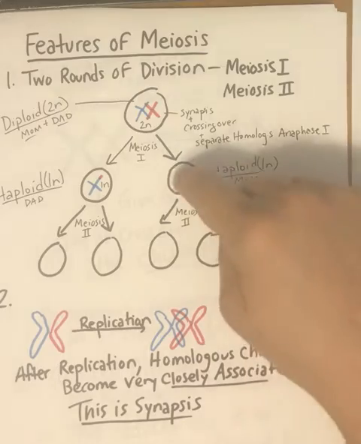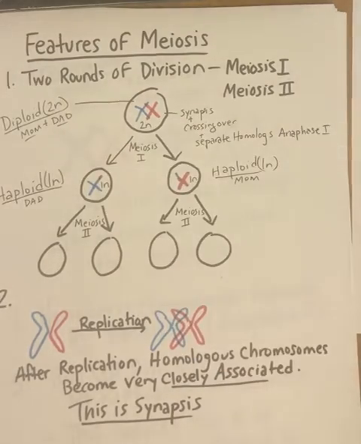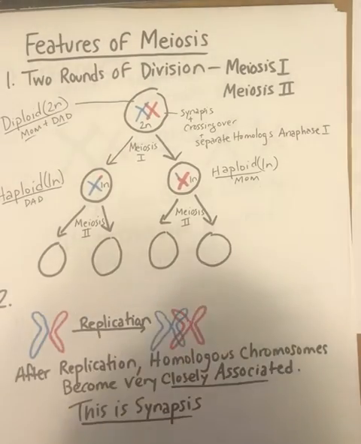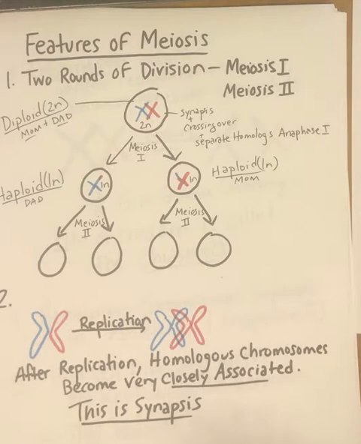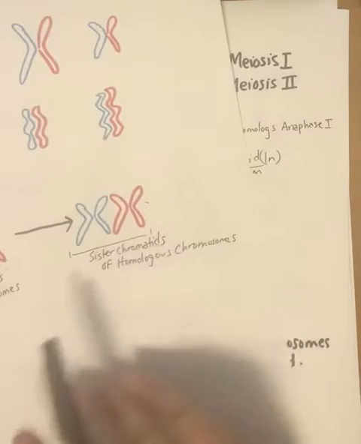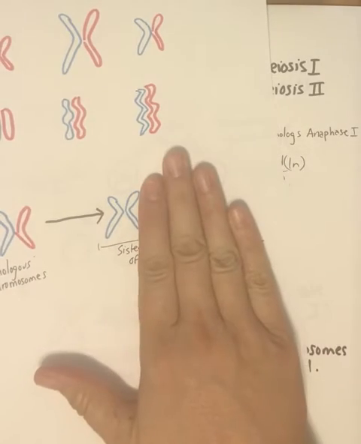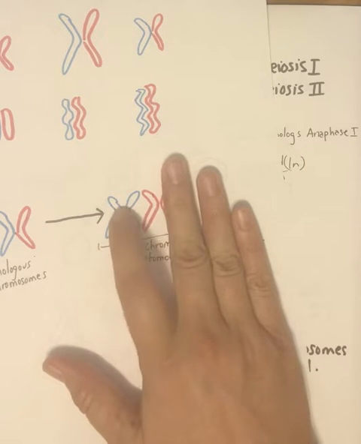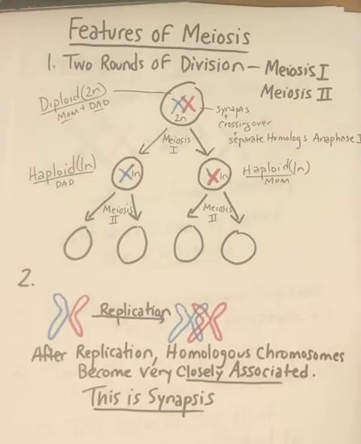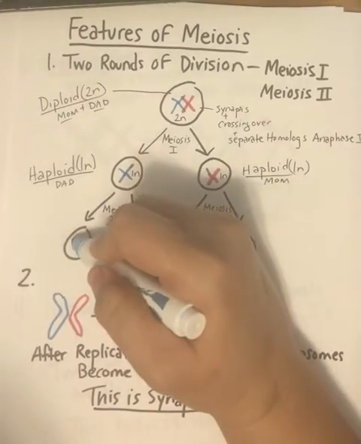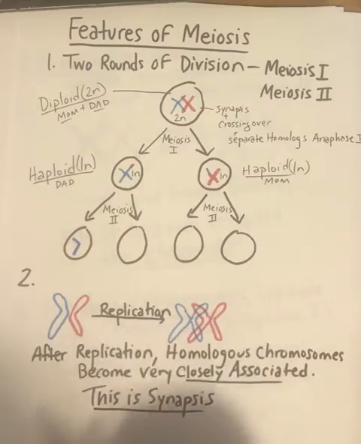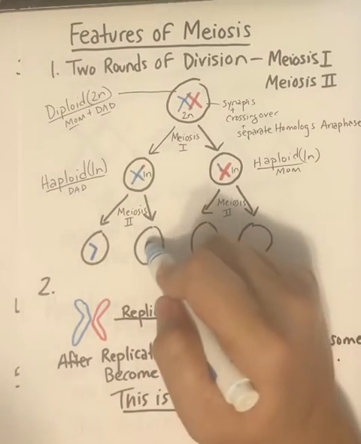Now, these are called sister chromatids. So in meiosis 2, you're going to separate your sisters. So if I covered this up, those are sister chromatids of your dad. So now in meiosis 2, in anaphase 2, you're going to separate sister chromatids. So this cell has your dad's genetic material only.